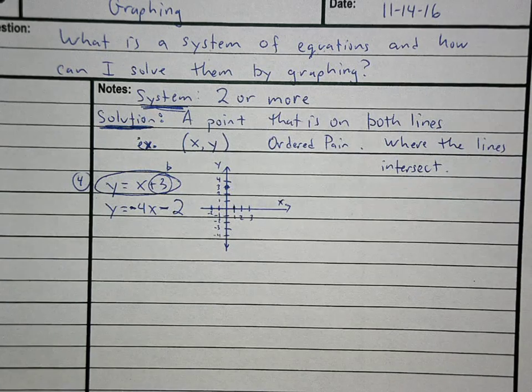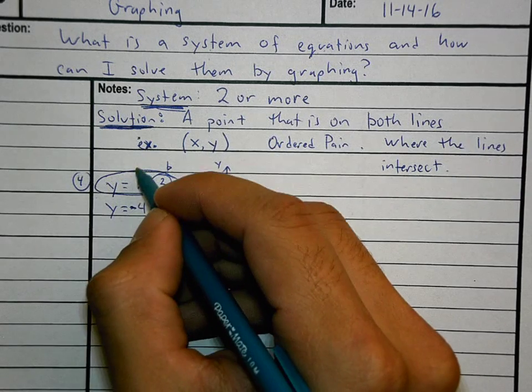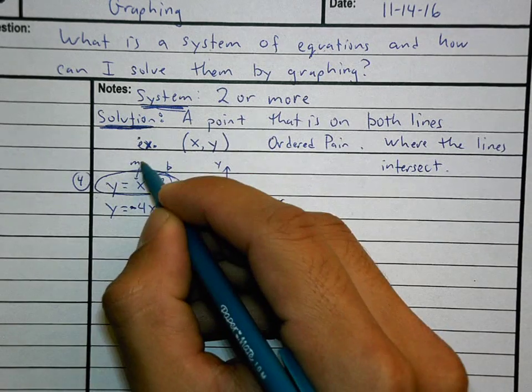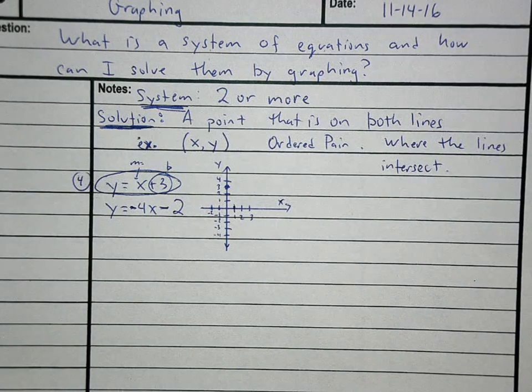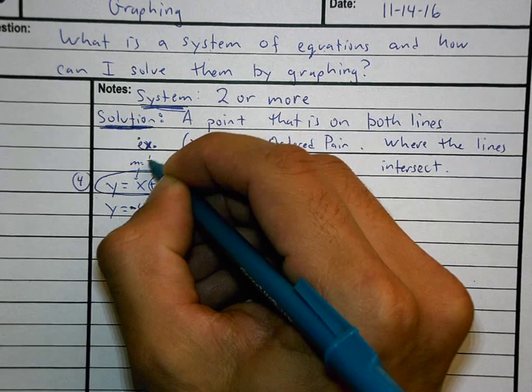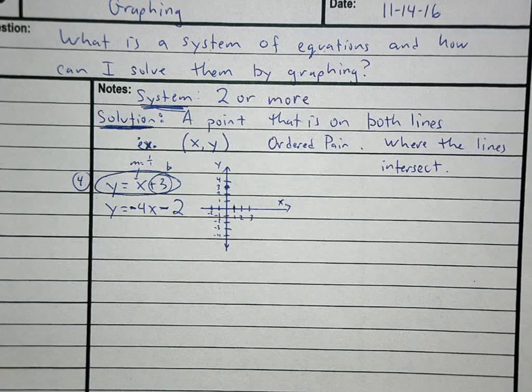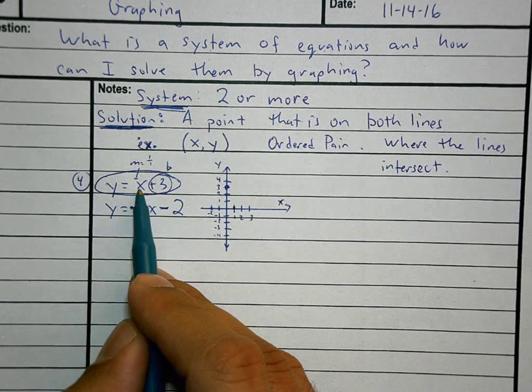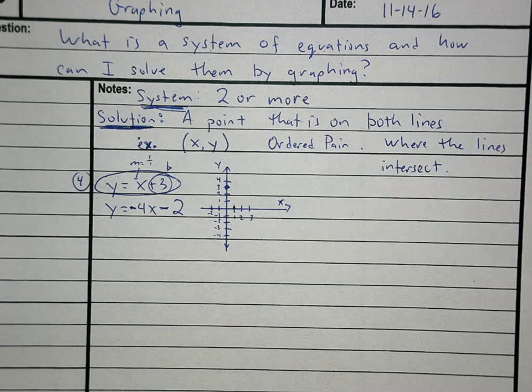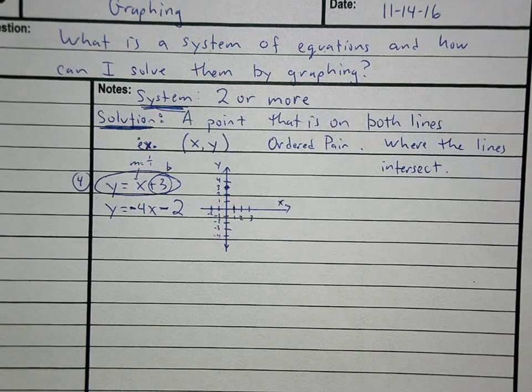From there, I have to use the slope. The slope is the number in front of the x. There's no number in front of the x. It's an invisible 1 over 1. If you don't see a number in front, how many x's do I have? I have 1x. That's why there's an invisible 1 in front. Don't think of it as nothing, because there is 1x there.